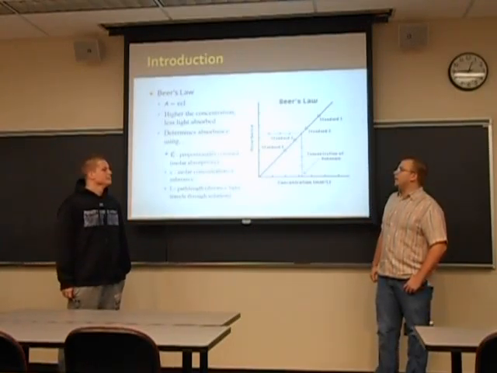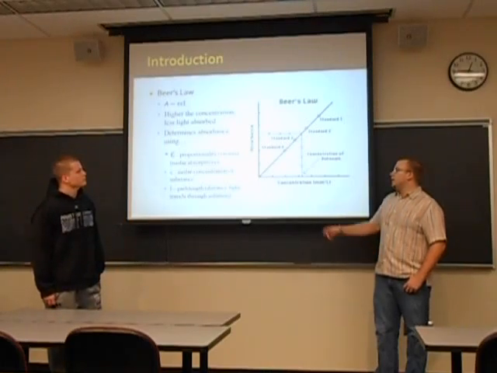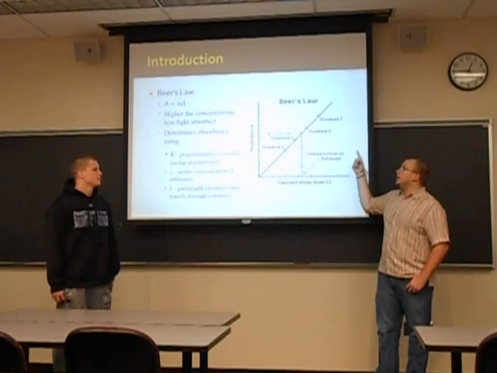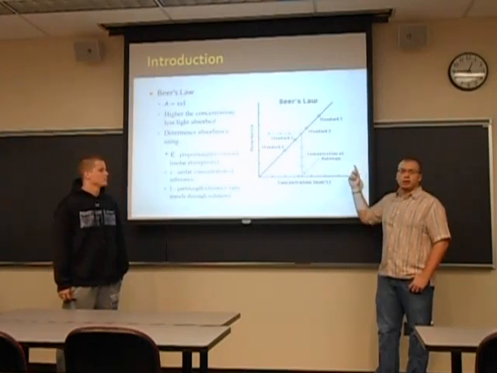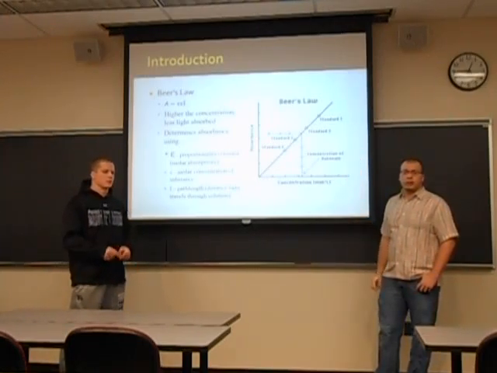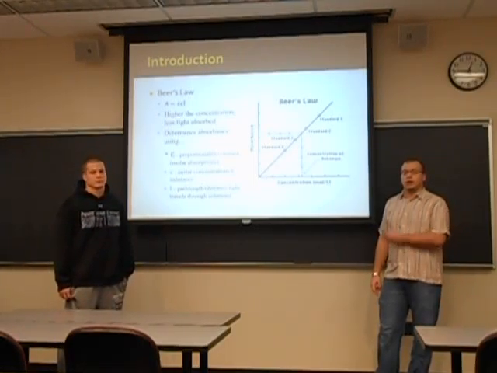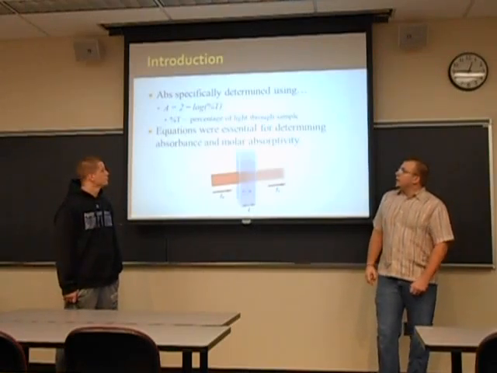And this graph here just shows the correlation between concentration and absorbance, as they're directly related to one another. So as one increases, so does the other, and that's pretty much the whole concept of the law.